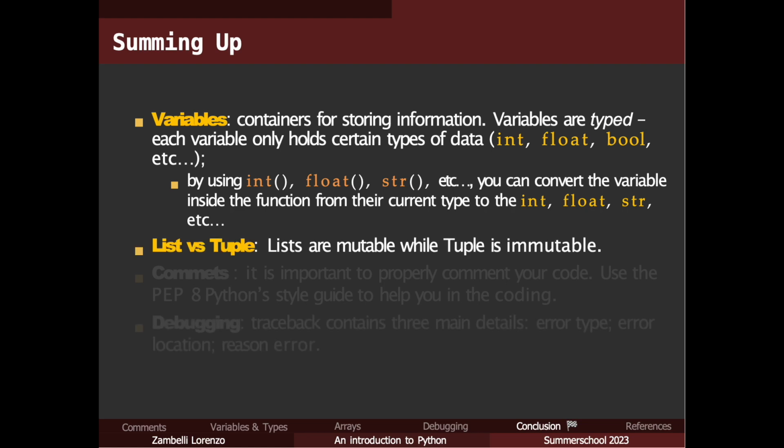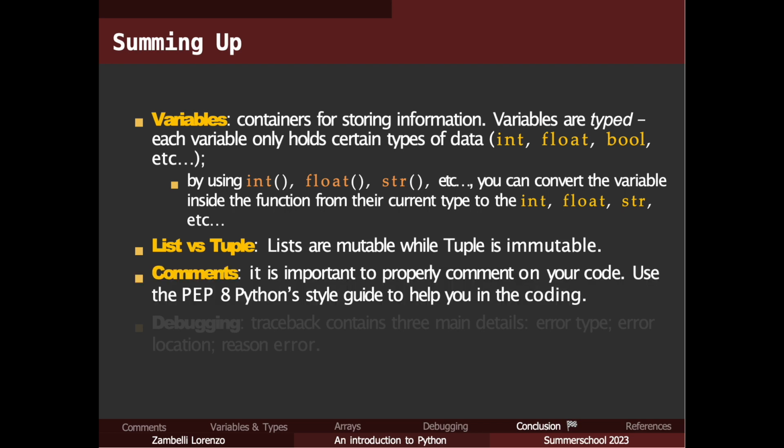Then we learned list versus tuple, where a list is mutable and a tuple is immutable. We also saw the difference between set and dictionary, and between list and dictionary, which is how we call a value inside the dictionary and how we call it inside a list.